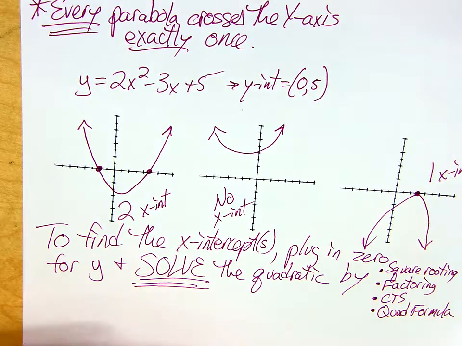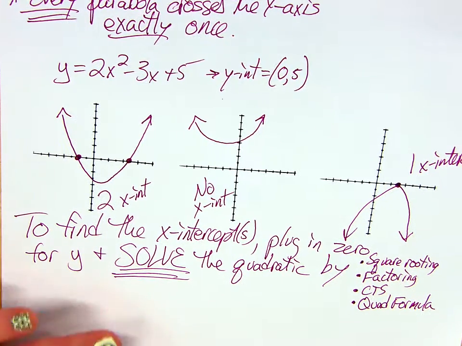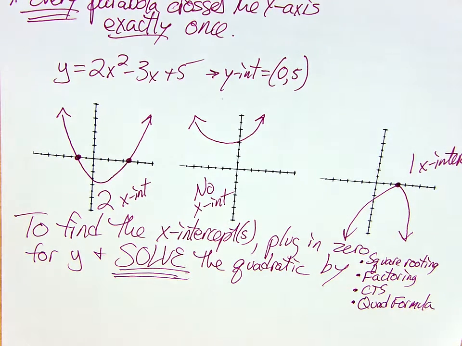Okay? So you already know how to do this. That was the entire last chapter. If you're still struggling with that last chapter, I'm here after school today. Or you can watch some of our videos on it. They're all there, okay? So, there's finding the x-intercepts.